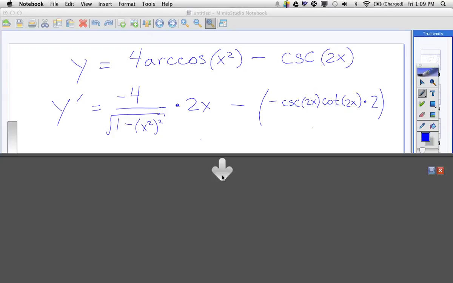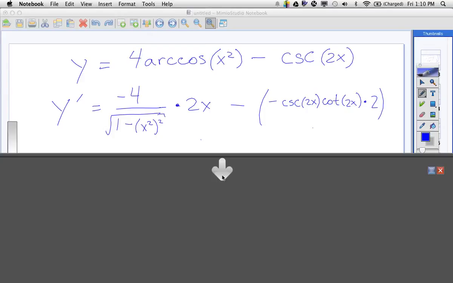So 1 minus u squared, so it'd be x squared, times the u prime, the derivative of the inside, so derivative of x squared is 2x, minus, and then you looked up cosecant, you saw it's negative cosecant u times cotangent u, so negative cosecant 2x times cotangent 2x times the derivative of its inside, which is 2.